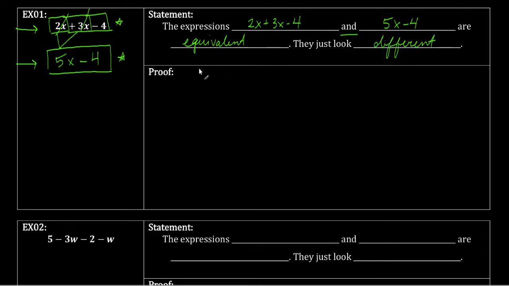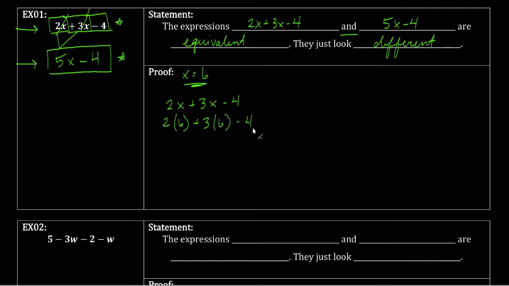Well, what's one way we can provide some proof of that? Well, instead of putting x, we're going to substitute in a value for x. So let's make x, what's not here? Like 5? Oh, 5's down here though, so let's use 6. Alright, so instead of writing 2x plus 3x minus 4, I'm going to write 2 times 6, because remember 6 is what we made x, plus 3 times 6 minus 4.